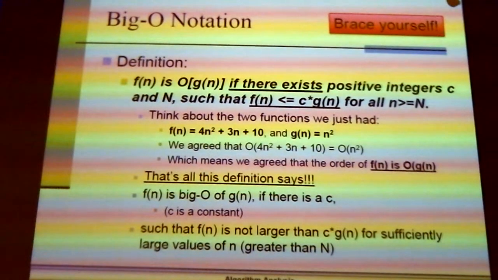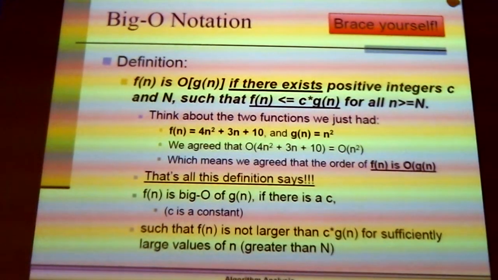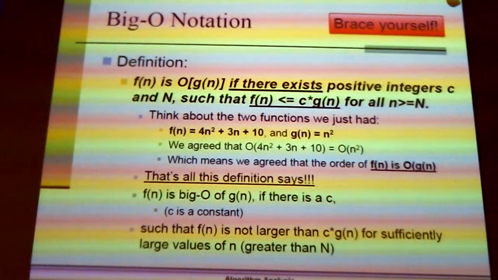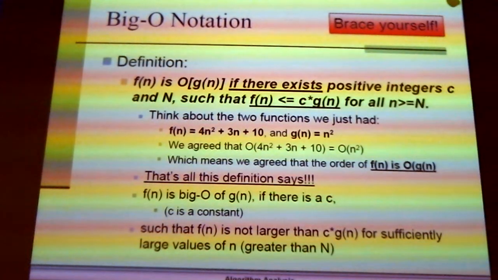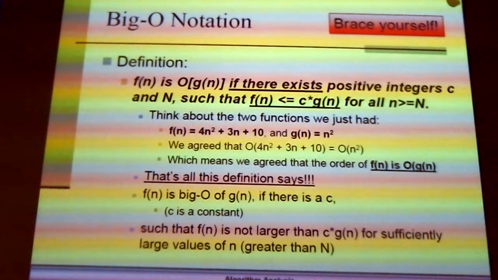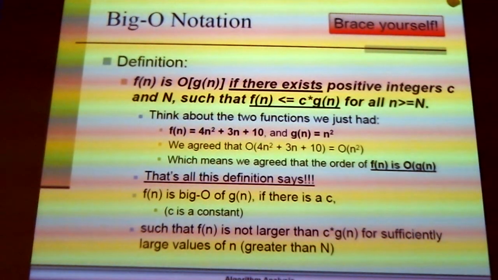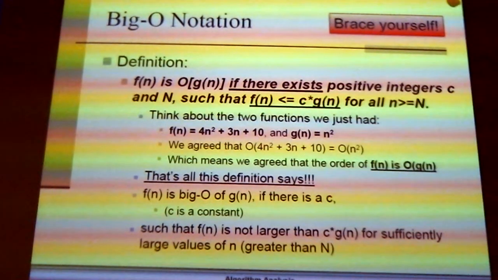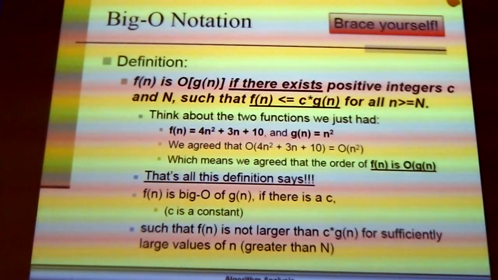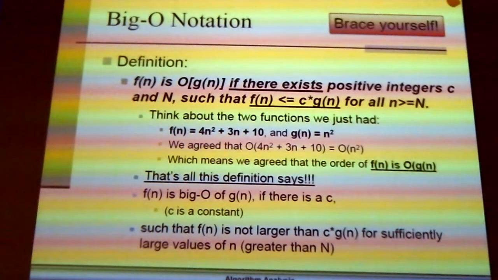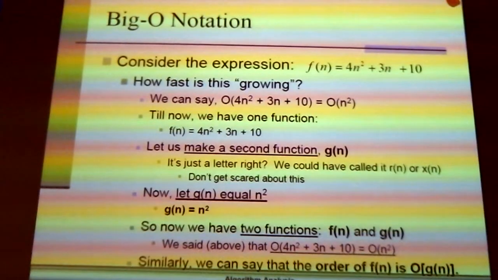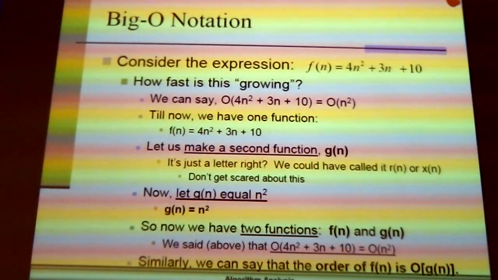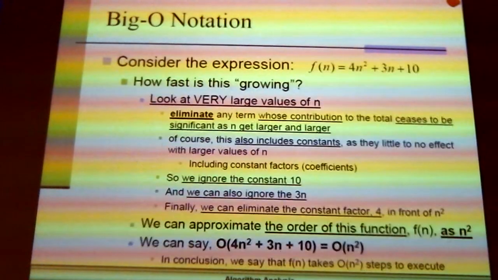Okay, so remember here, we said f of n is our equation 4 times n squared plus 3n plus 10, and our big O is the n squared, so we create that second function, g of n is equal to n squared. And it doesn't matter what that letter is. Remember, previous slide, we said we don't care what that letter is. It could be any letter. It doesn't have to be g.